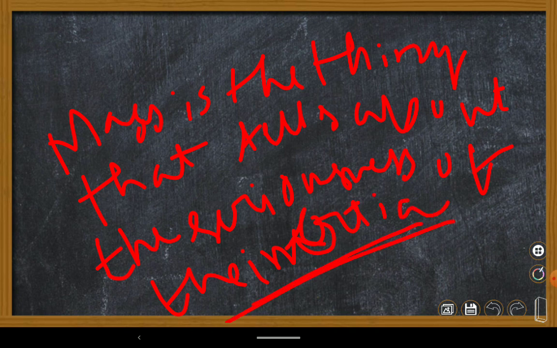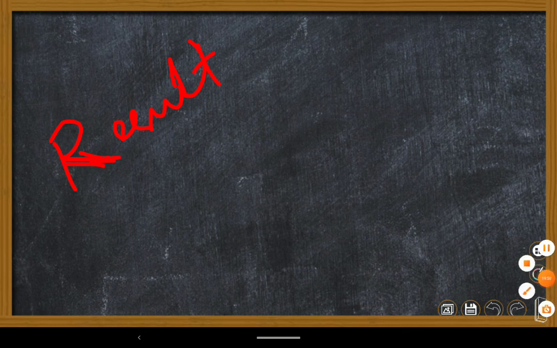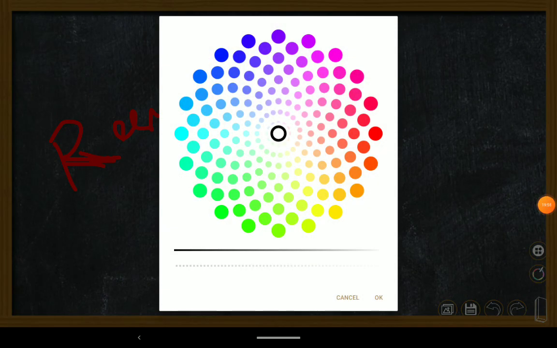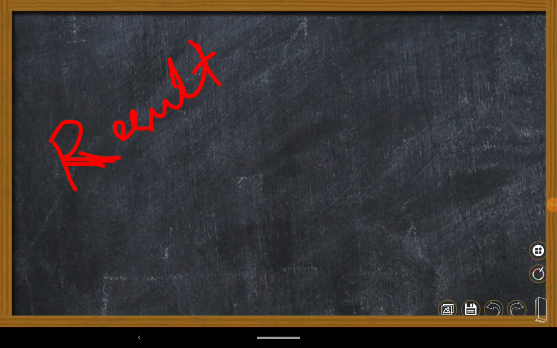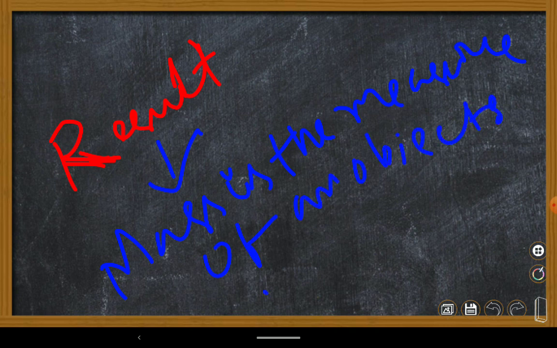So we clearly get a result. Now it's the result time, not the result of our exam but the result of our video. The main purpose of the video was that the result is: mass is the measure of an object's inertia.